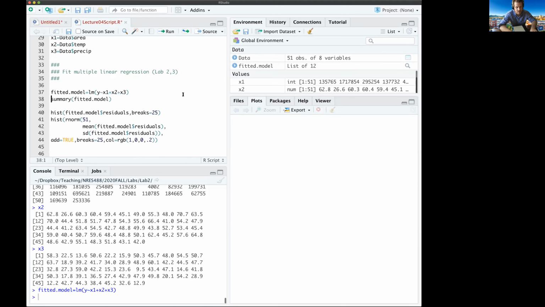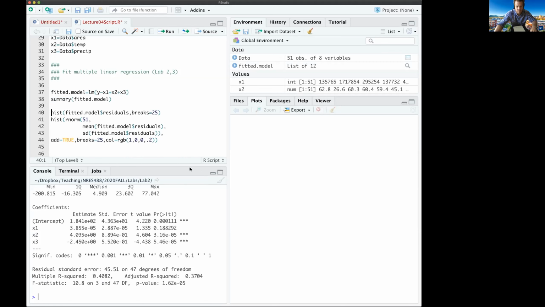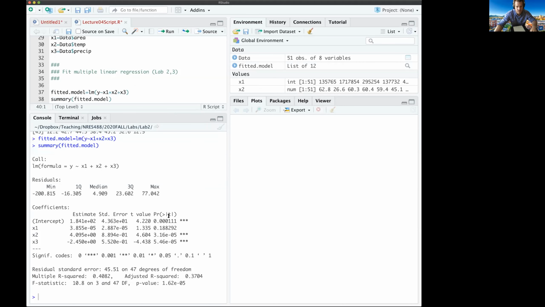So let's fit that model. We can use the same summary command we use for linear regression models, and that gives us our output. So here is our output. Intercept. This is our beta 0 value, and we'll talk about interpretation of this.